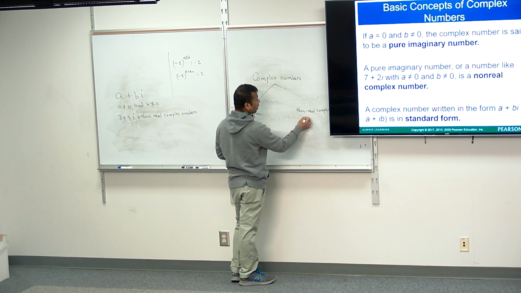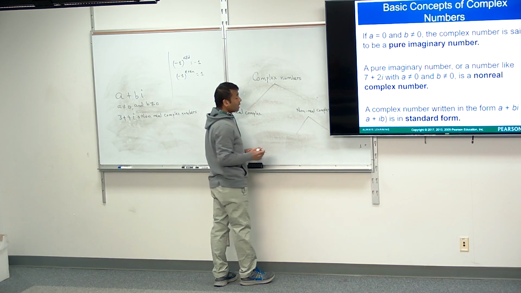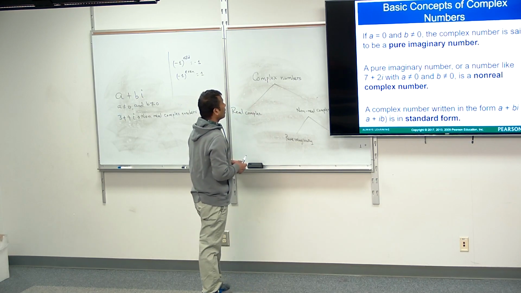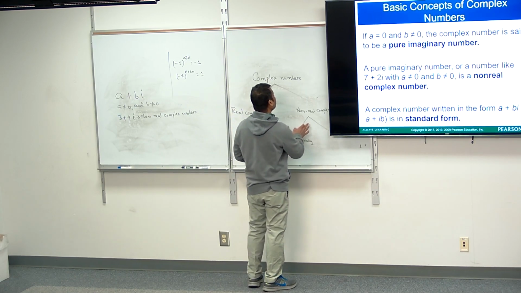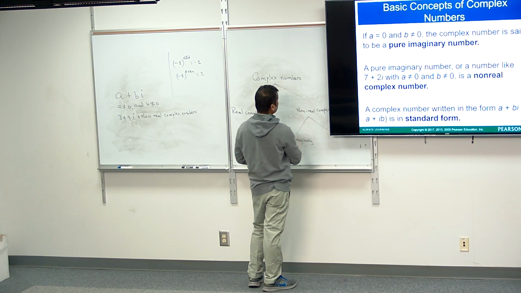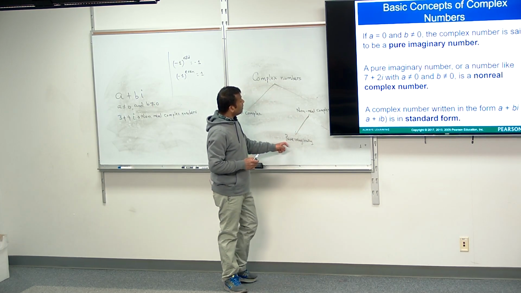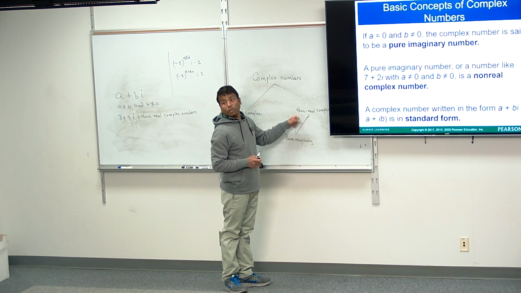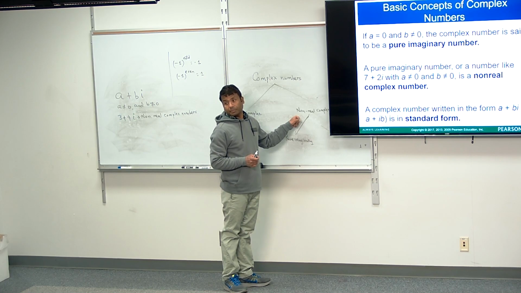And this non-real also has two types. One is what? Pure imaginary, right? So what you need to know is every pure imaginary number is also a what? Non-real complex number. Okay?